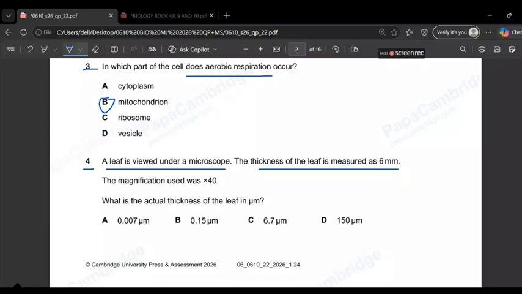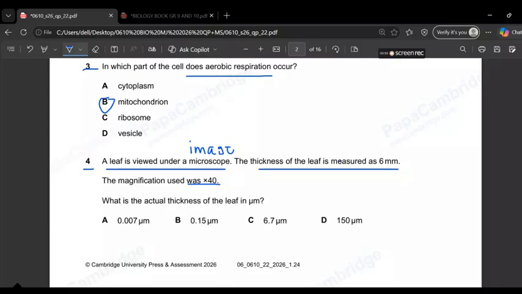When you are viewing something through a microscope, of course, it is an image of the specimen. And the thickness of the image is 6 millimeter. The magnification used was 40 times. The magnification of the microscope is 40 times.